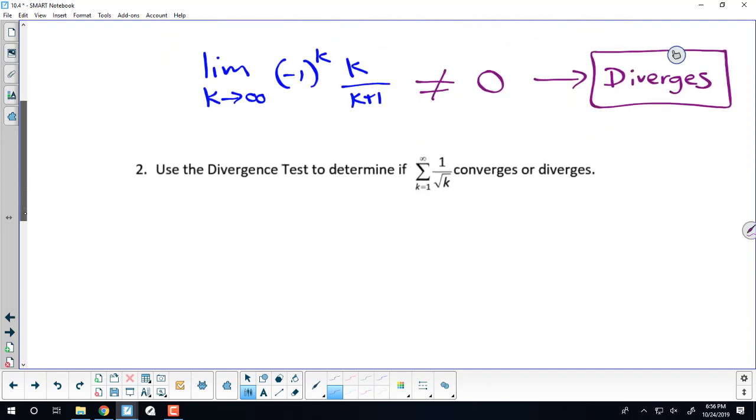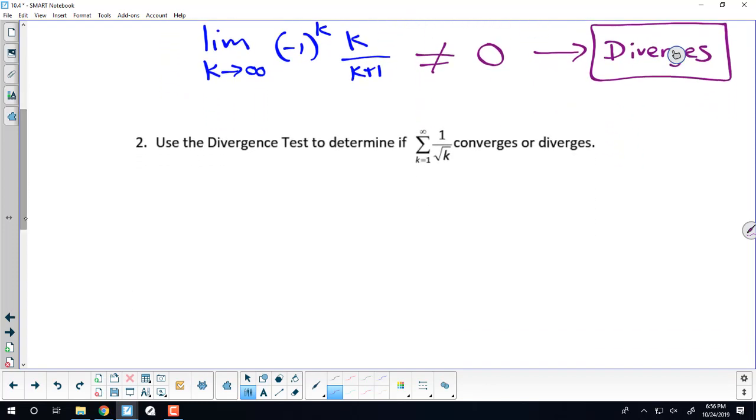Okay, how about, excuse me, how about the sum from 1 to infinity of 1 over the square root of k? What would the divergence test tell us? So that limit is 0. What does that mean? Yeah, it doesn't diverge. So really, we gained no information here.